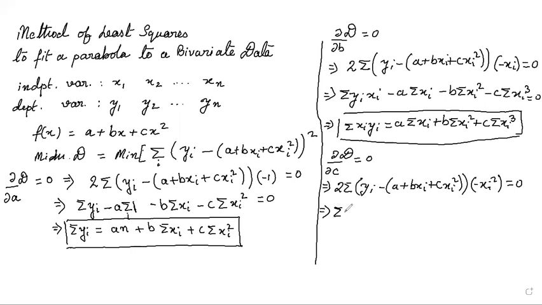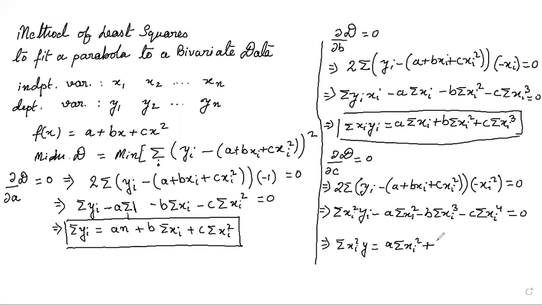Simplifying, summation xi square yi minus a summation xi square minus b summation xi cube minus c summation xi to the power 4 equals 0. So summation xi square yi equals a summation xi square plus b summation xi cube plus c summation xi to the power 4. This is the third equation.